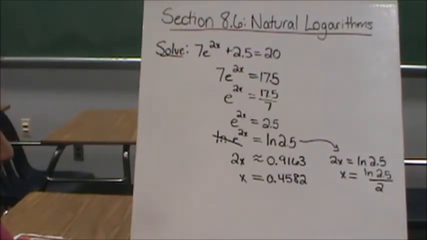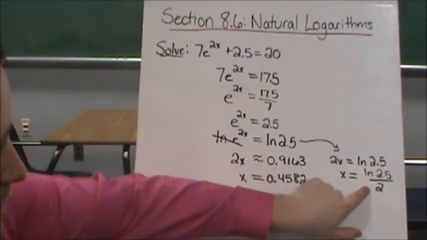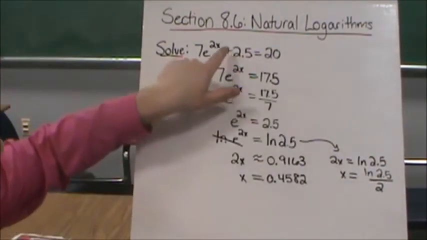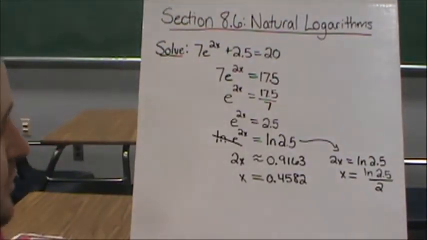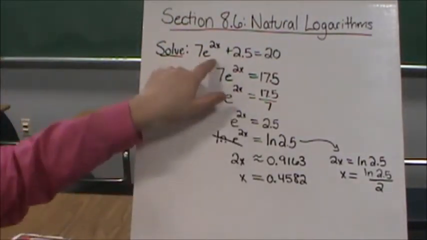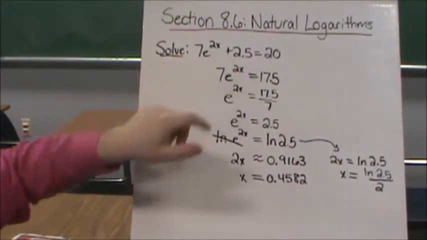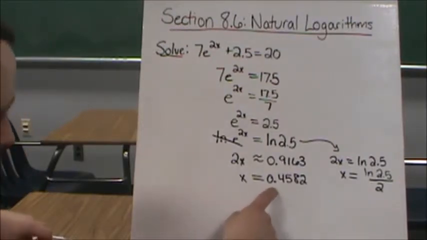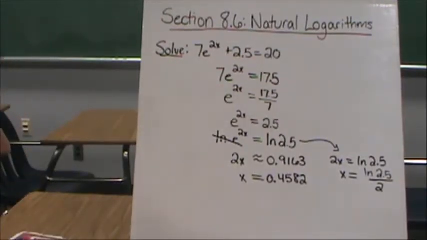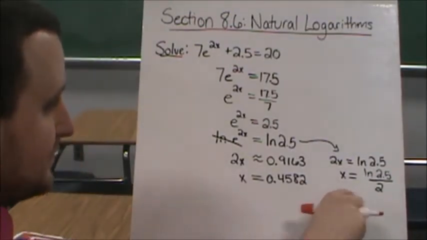And when you check this precise solution, it will be a lot nicer to use to check your answer when you plug it back into x than the decimal approximation. When you plug that value in, x equals ln of 2.5 over 2.